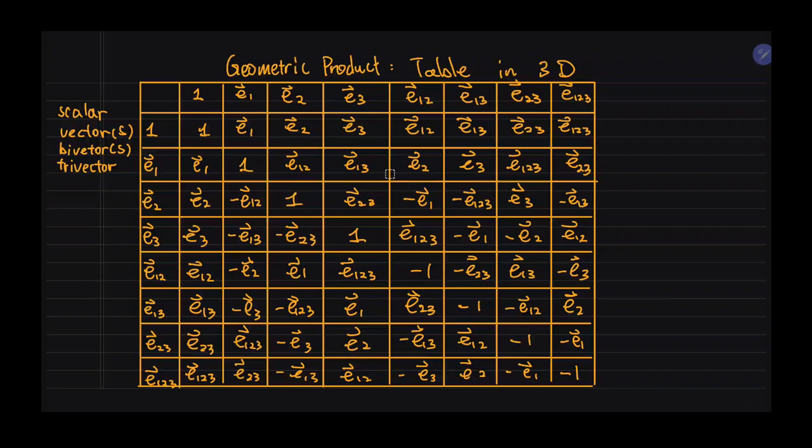One thing to notice from the table is that it will be either symmetric or anti-symmetric, which basically means it could be the same or just a sign different. That is something we can get from this table. See you in the next video.